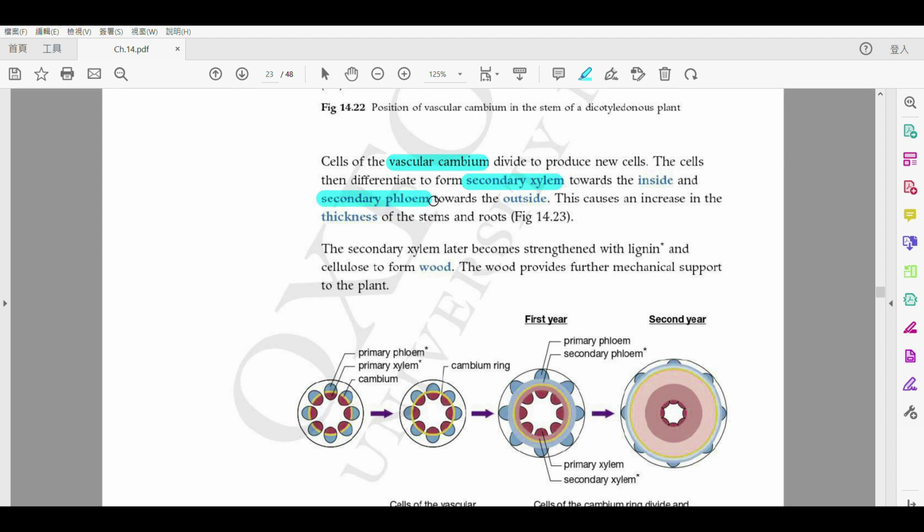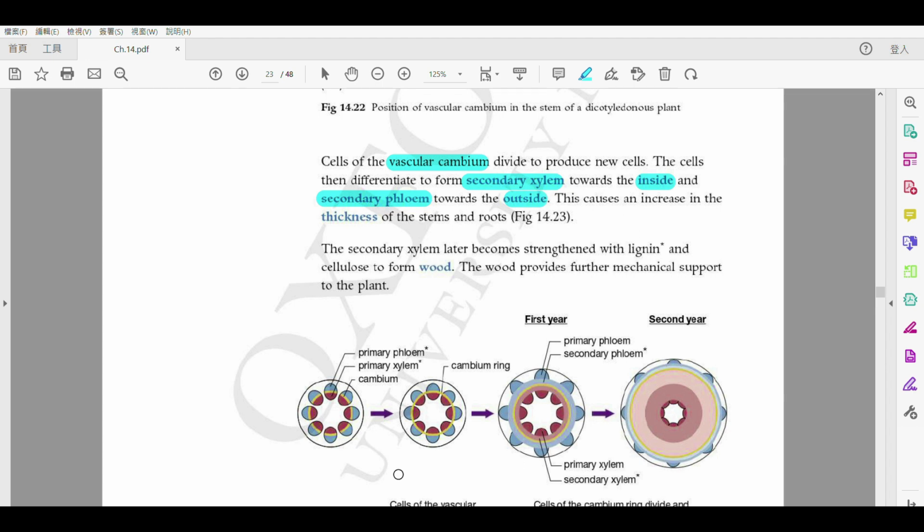This secondary xylem and secondary phloem, they will be developed in different regions. So the xylem will keep on developing inwards, getting inner and inner and inner. And the phloem will keep on getting outwards.